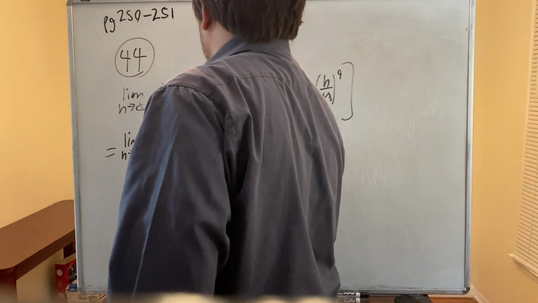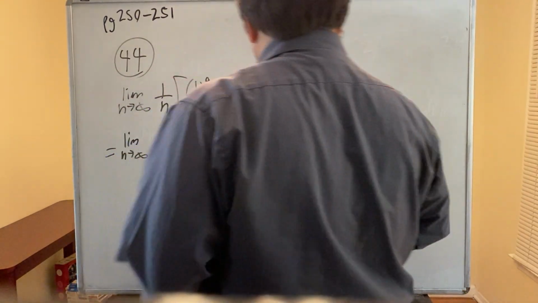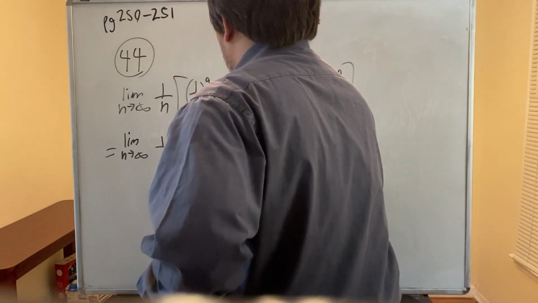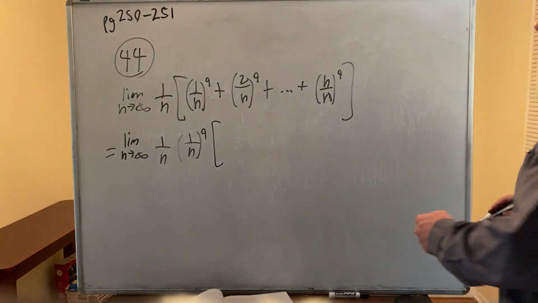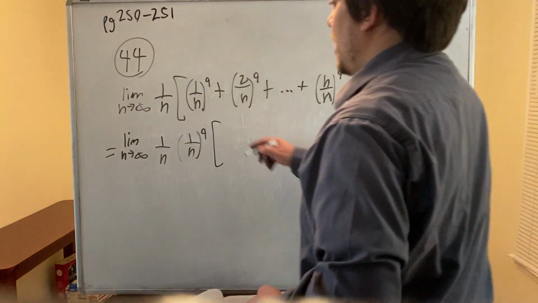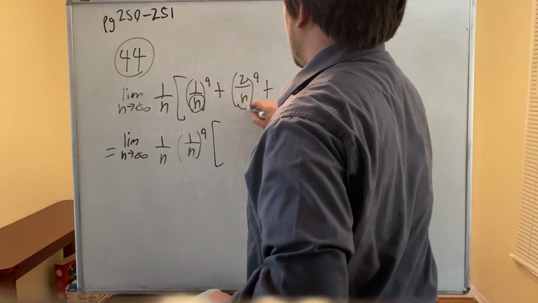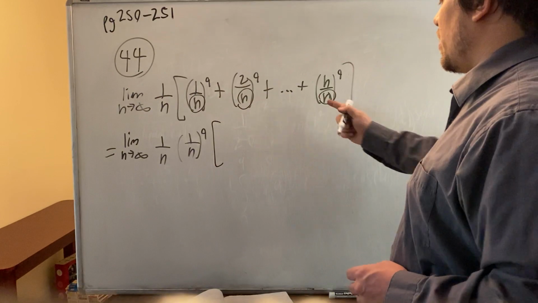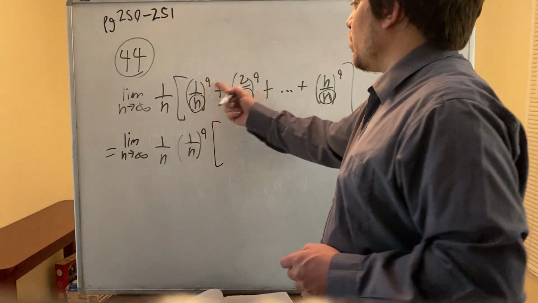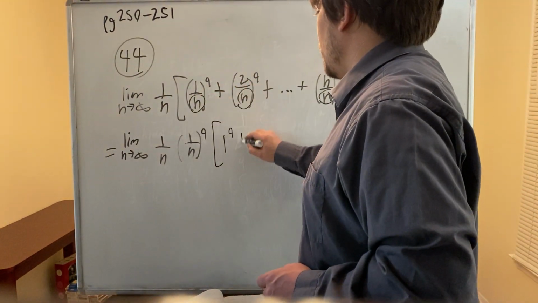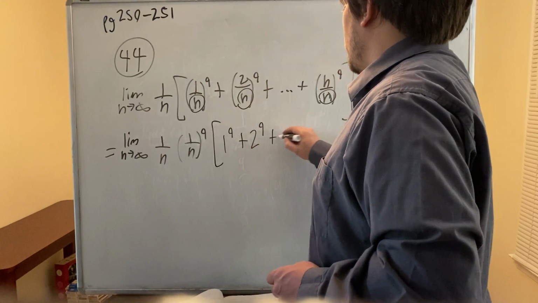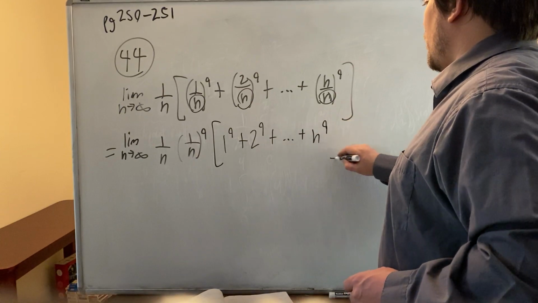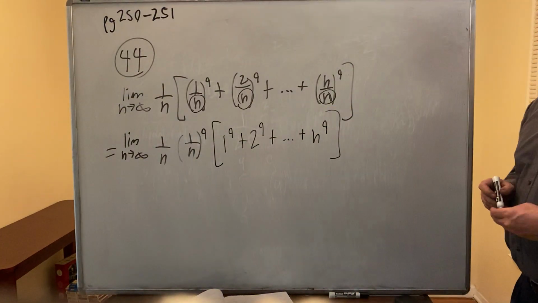If you factor that out, you're left with just the numerators, which is 1 to the 9th, plus 2 to the 9th, plus dot dot dot, plus n to the 9th. And so now we have the sum of 9th powers.